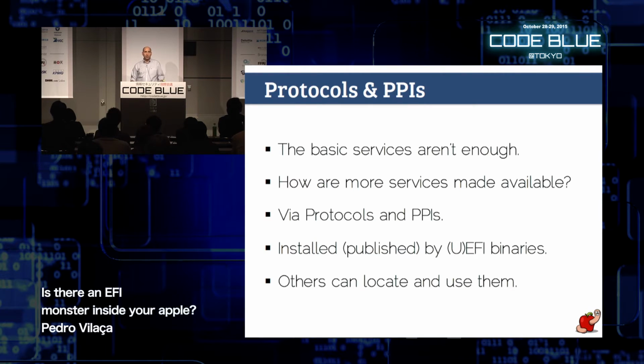For example, you want to write a message to a log, a log function. EFI doesn't have that. What you do is create an EFI binary that makes a log function available. So you create that function. You have to attribute a GUID, because the GUIDs are how everything is going to be found in the BIOS.